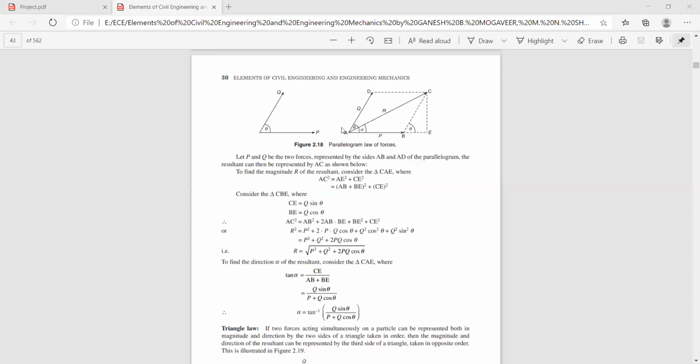So you can calculate the direction of the resultant, that is alpha. Alpha is tan inverse of Q sine theta divided by P plus Q cos theta. So this is the procedure to find the magnitude and direction of the resultant of a given concurrent force system by using the law of parallelogram of forces.